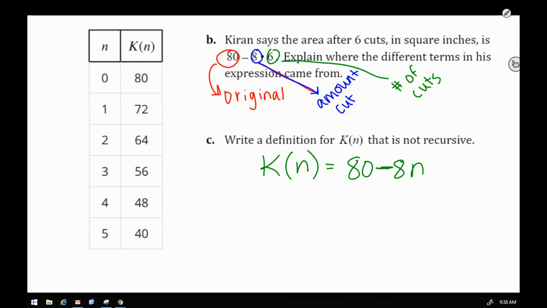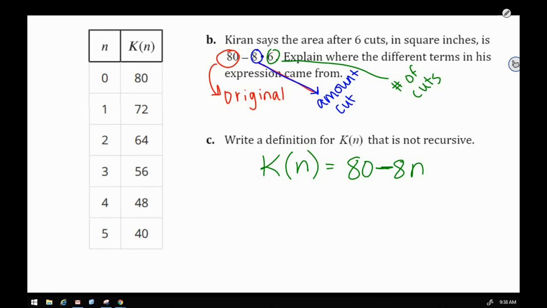One other thing I want to talk about. Am I going to be able to continue this sequence forever and ever? No. Why not? Because on paper, I'll hit 0 at some point. When do I hit 0? Maybe 15 cuts? Type it in and see. 80 minus 8 times 15 is negative 40.